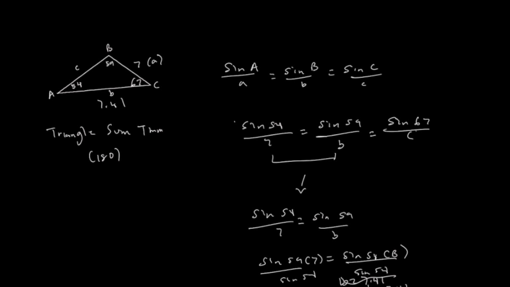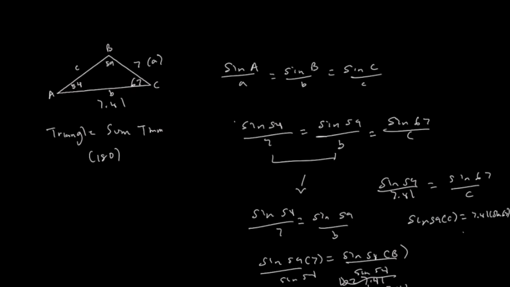Now we do the same thing for this side. So we do sine of 59 over 7.41 is equal to sine of 67 over c. So we can do sine of 59 times c equals 7.41 times sine of 67.